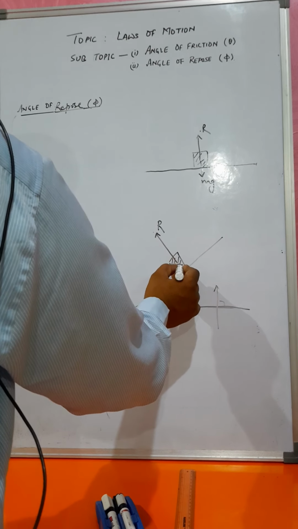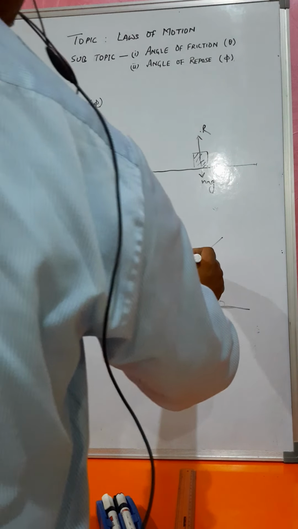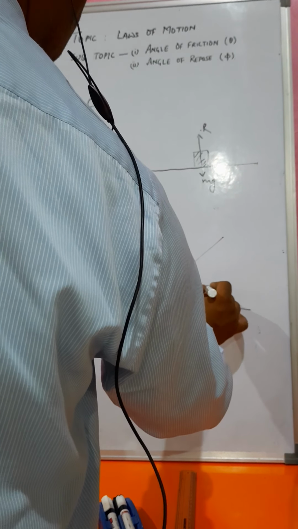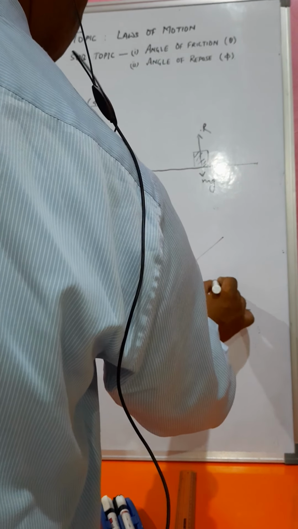This is the force which acts in the downward direction, and this mg cos theta or cos phi will act opposite to R. Now listen to this: if there is no sufficient force, there is no frictional force between the surface and the angle is sufficient, then the body will start moving with this acceleration.